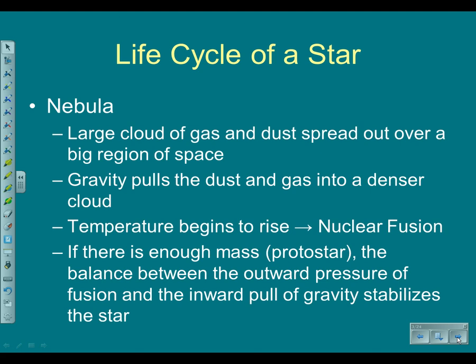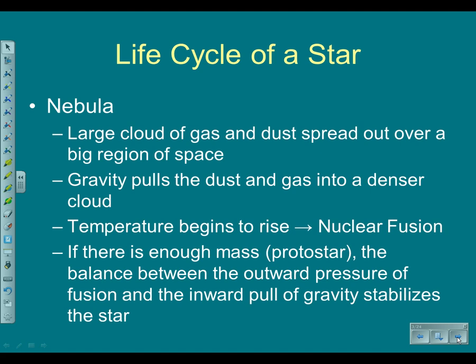All that stuff, clouds and gas and things like that, start pulling things together. But there wasn't enough mass there to make it all work. That's actually pretty good for us, because if there was another star in our solar system, we'd probably have a problem. So, all right, good?